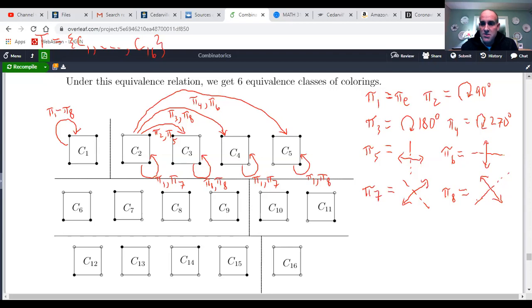In each one of these equivalence classes, they're going to be fixed by the same number of permutations. And that number of things that fix these colorings is going to be the same as the number of things that move us from one coloring to another.